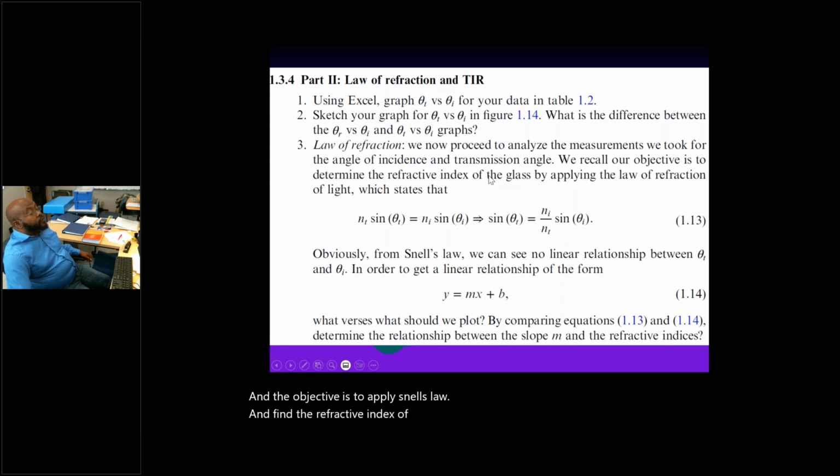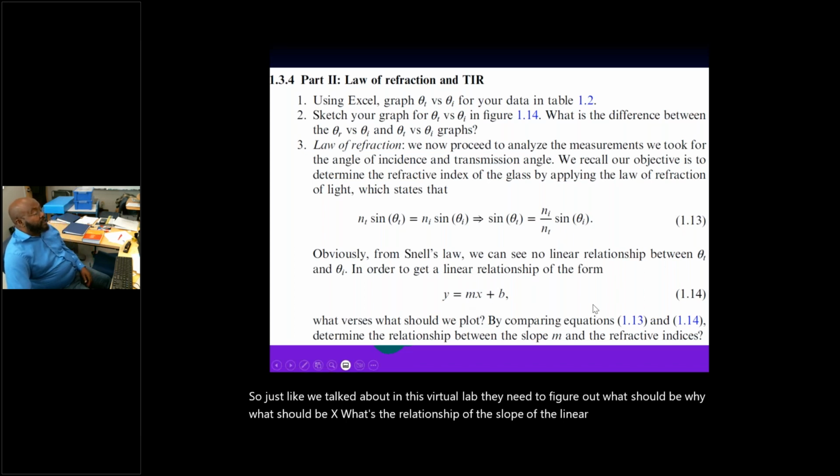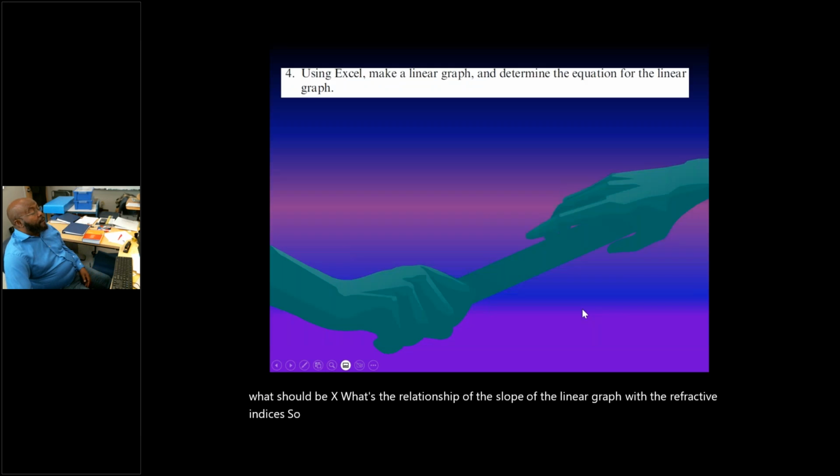So they need to make linear data out of the non-linear data, theta t and theta i. Just like we talked about in the virtual lab, they need to figure out what should be y, what should be x, and what's the relationship of the slope of the linear graph with the refractive indices. So they need to do that.